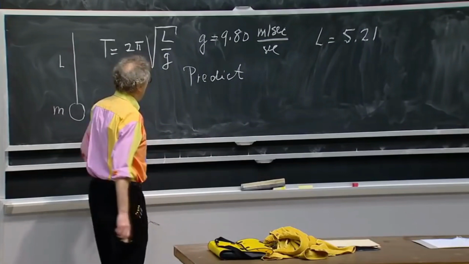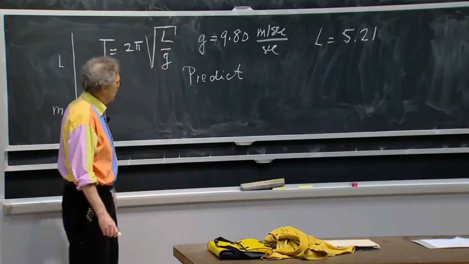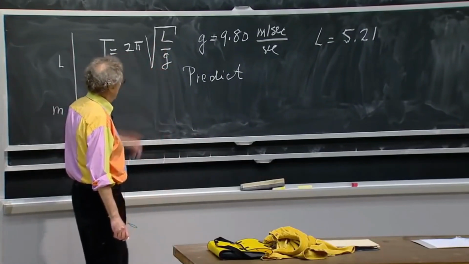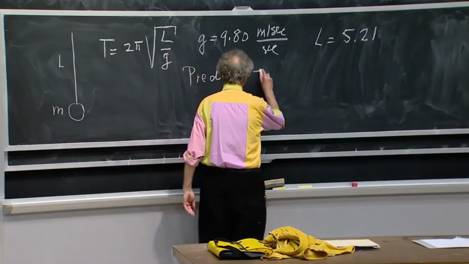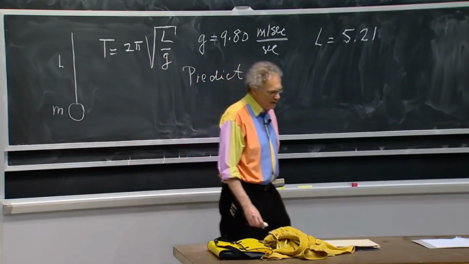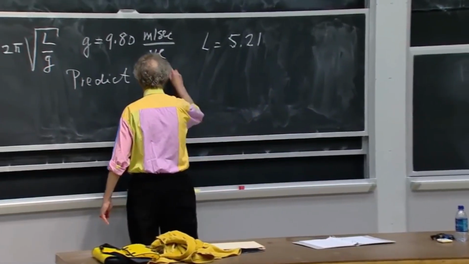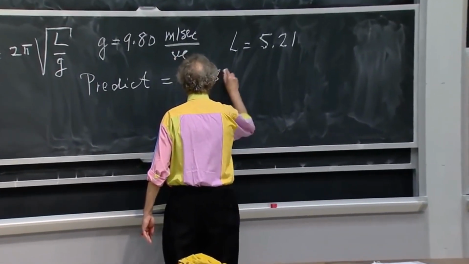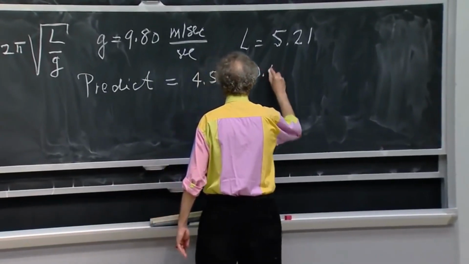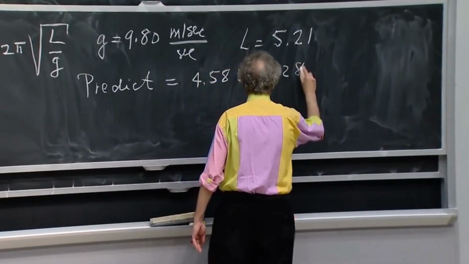That's all I do. I put in 5.21, I put in 9.80, I multiply by 2 pi, and I make the prediction that the period of that pendulum is 4.58 plus or minus 0.02 seconds.